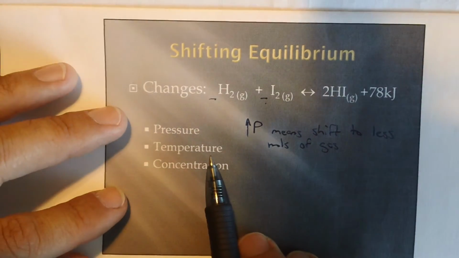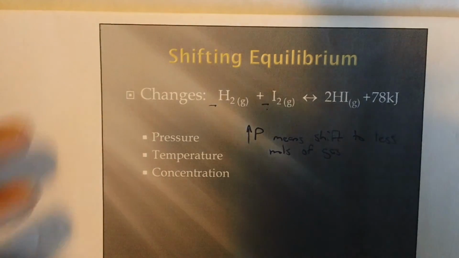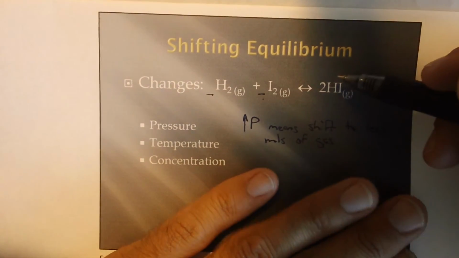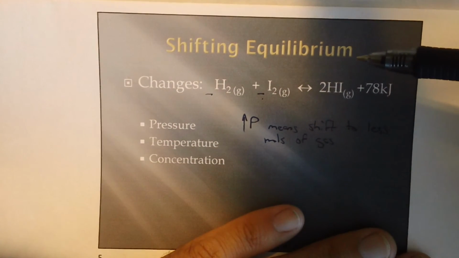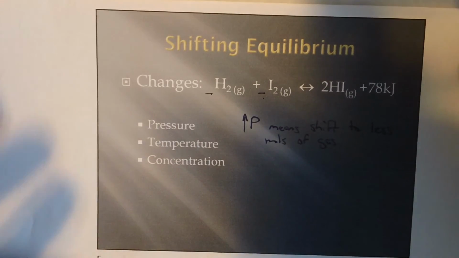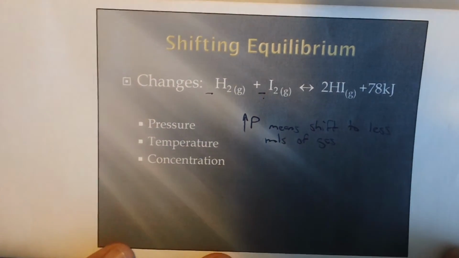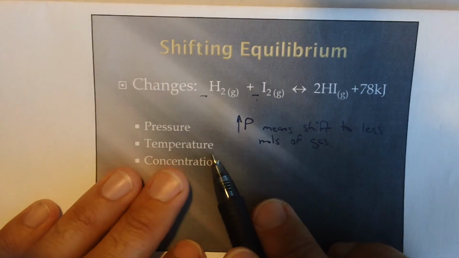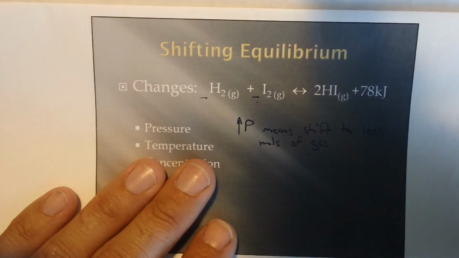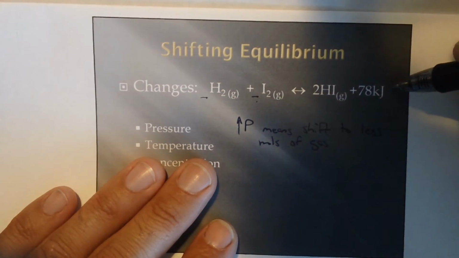For the other ones, temperature and concentration, the general rule is that if you increase something on one side of the equation, it tends to cause the reaction to shift across the equation. We talked a little bit about this in solutions. If I increase the temperature, that's increasing the heat energy. And here that's 78 kilojoules.